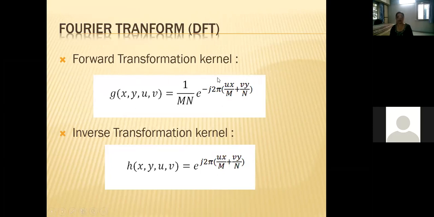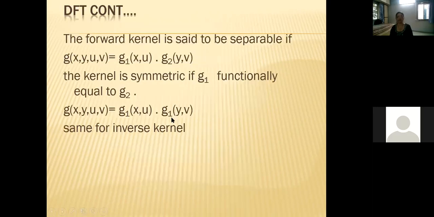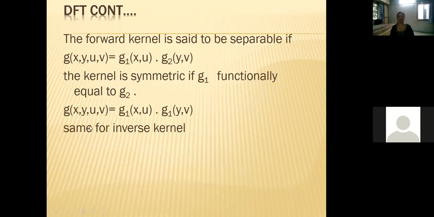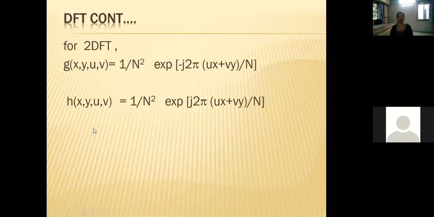So your discrete Fourier transform is separable as well as symmetric, and the same is true for the inverse transformation kernel. For both the ux term and the vy term, the functionality is the same. So the inverse transformation kernel is also separable and symmetric for the discrete Fourier transform.